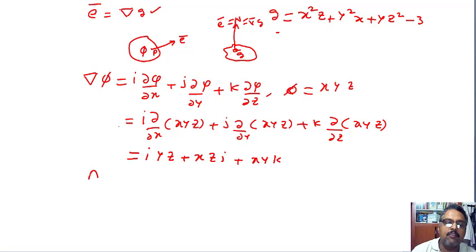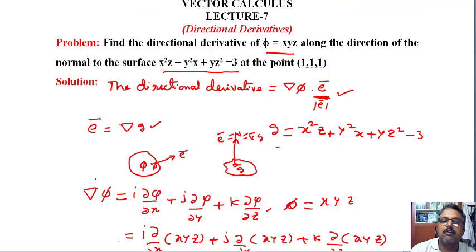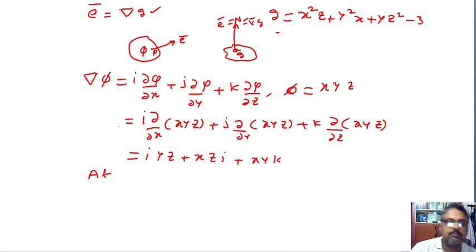Now at the given point, the same point (1, 1, 1), del phi equals, putting x equals 1, y equals 1, z equals 1, i plus j plus k. Now this is del phi.